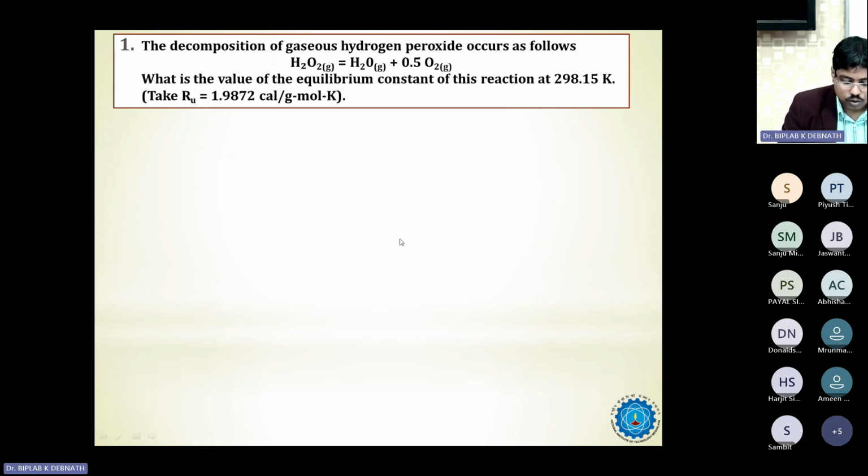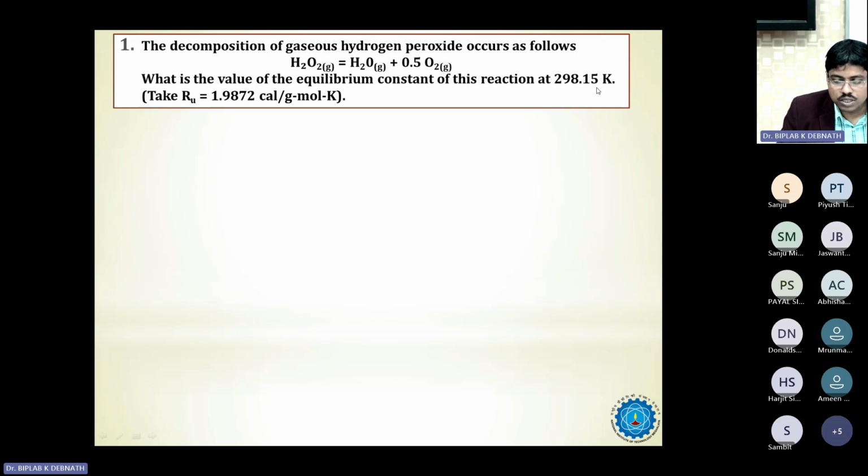So this is the problem over here. It is told the decomposition of gaseous hydrogen peroxide occurs as follows: H2O2 gaseous is equal to H2O gaseous plus 0.5 O2 gaseous. What is the value of the equilibrium constant of this reaction at 298.15 Kelvin?